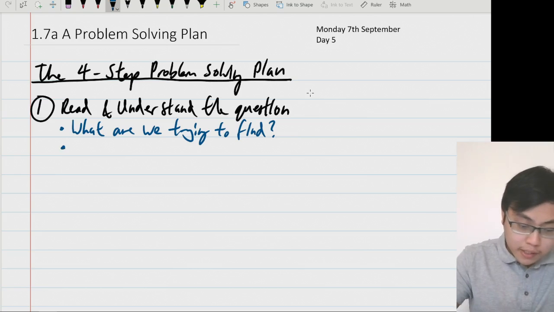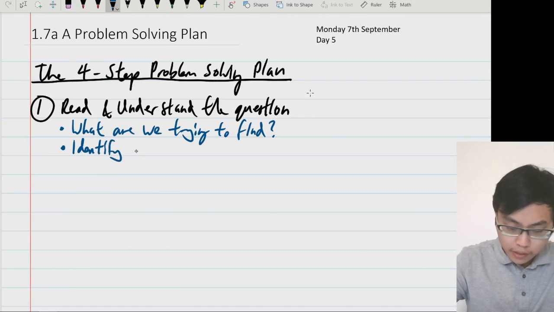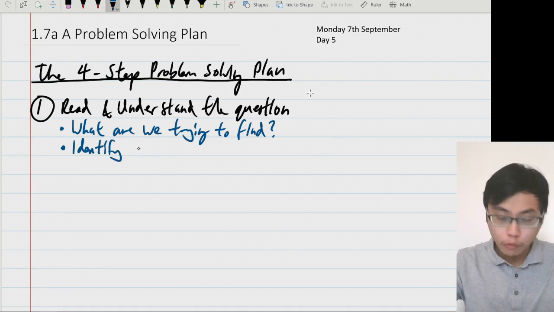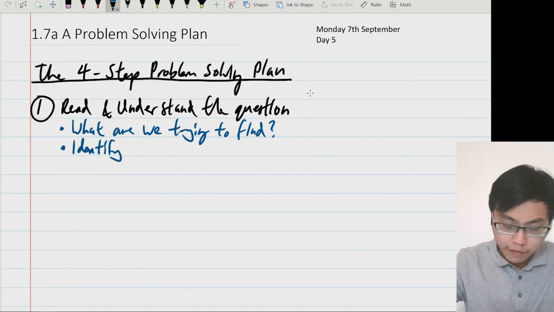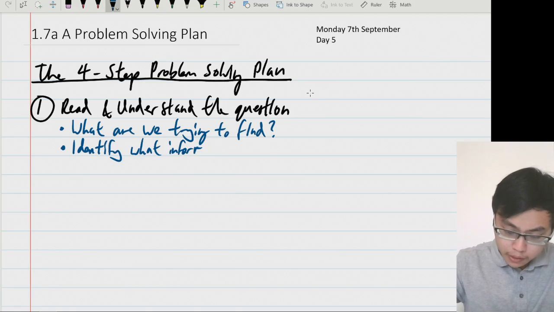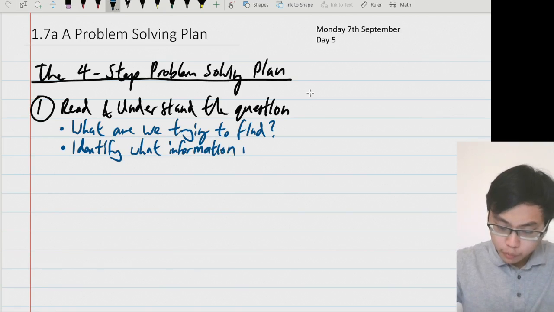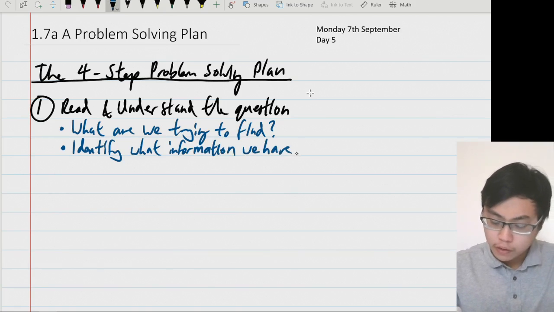And then the next step is we want to identify what information we have or do not have.